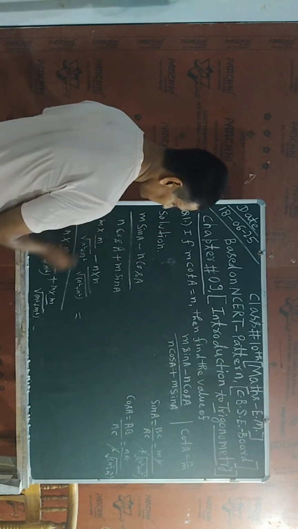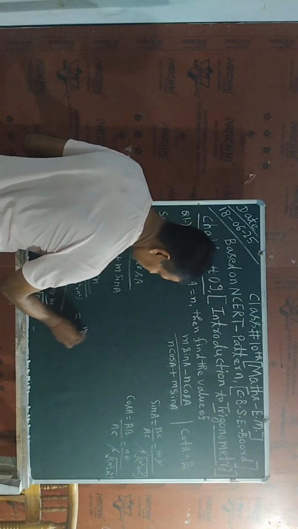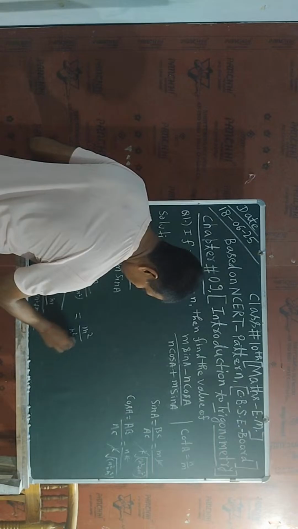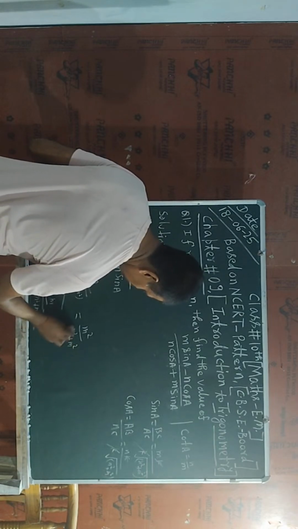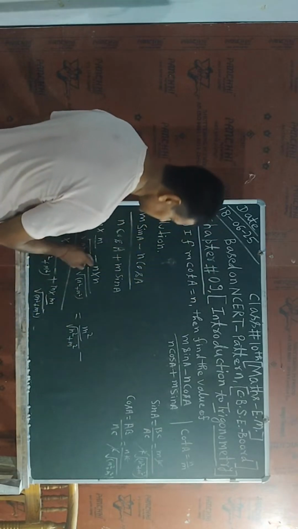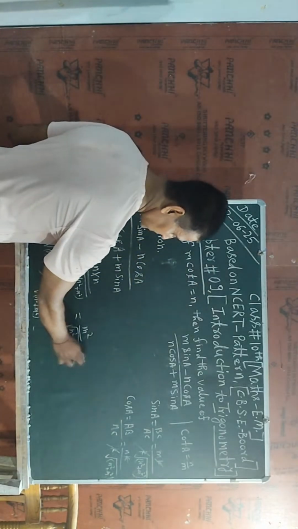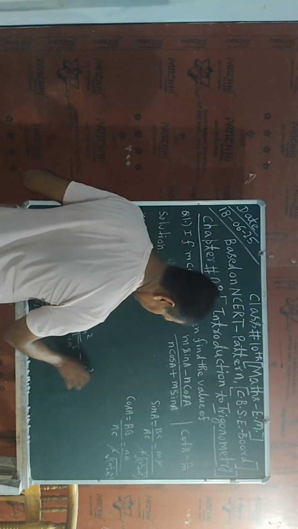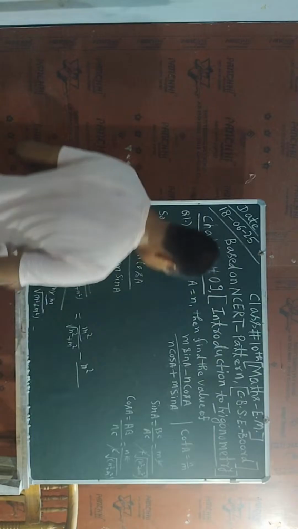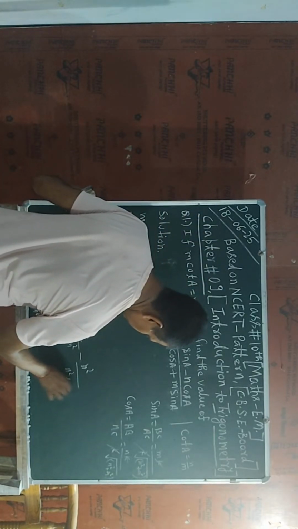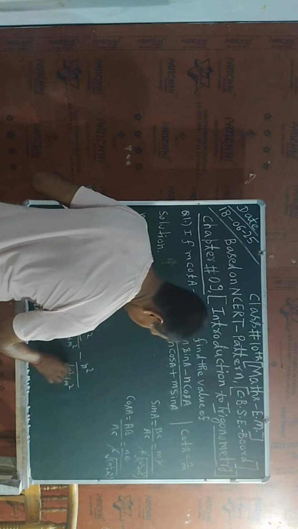Here M into M is the value, so I will put M square divided by, here I will write, N square plus M square, within square root. Again here minus is given, so I have put a minus sign, and then M into N, that will be MN. Again I will write N square plus M square in the square root.